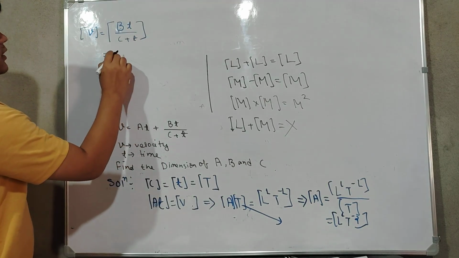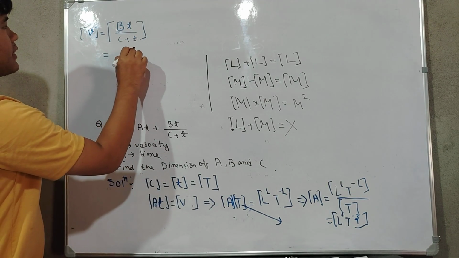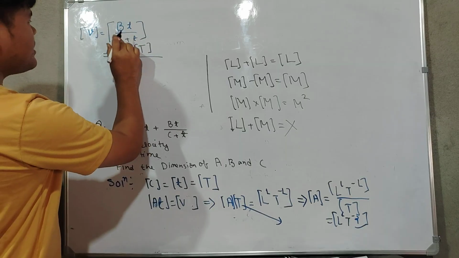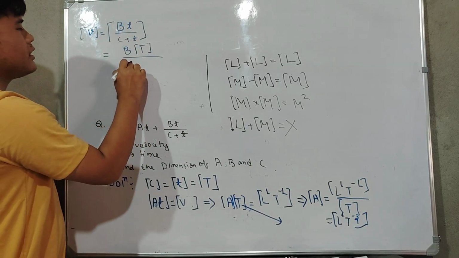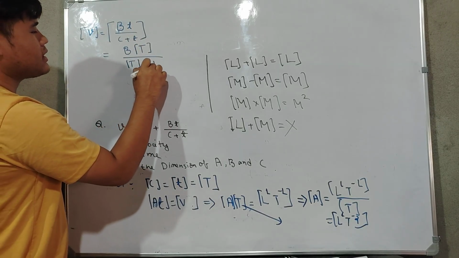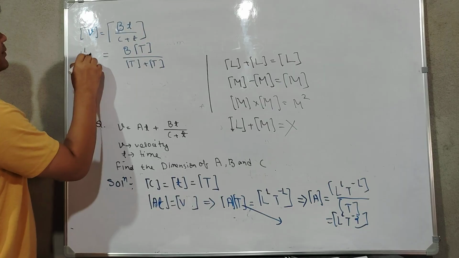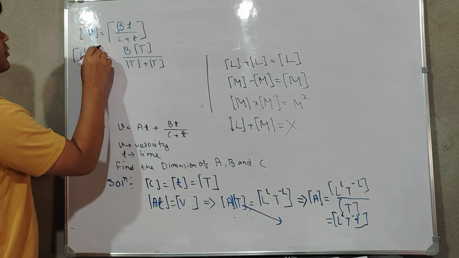So T plus T, B, it will give T, and then C plus T. C what we got? It's T plus T, and then velocity is L1 T to the power minus 1.